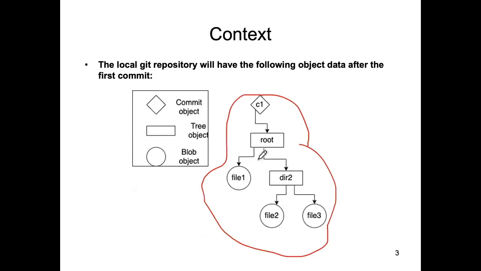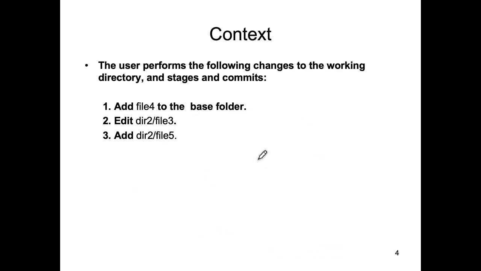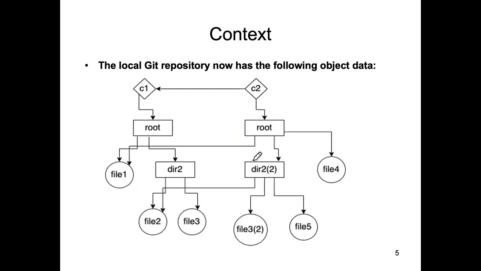I'm labeling this dir2 subscript 2 just as a way of letting us know that this tree object here corresponds to dir2 in my project, but it's a new version of dir2, if you like. It's different from the version of dir2 that's over here.